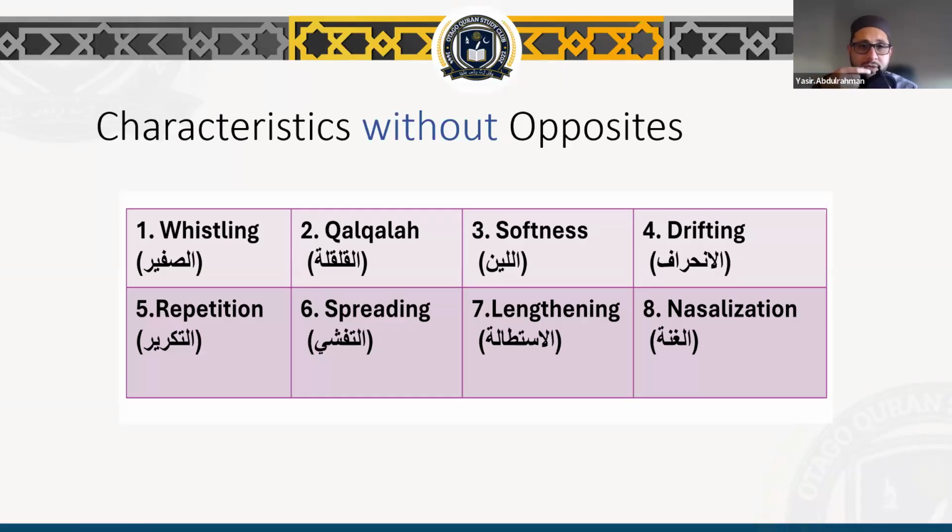It's very similar to a whistle: you blow air into it and it's a very tight, thin opening, and because of that thin opening, the whistle sound gets produced. So these are the 3 letters, the sin, the sad, and the zai.